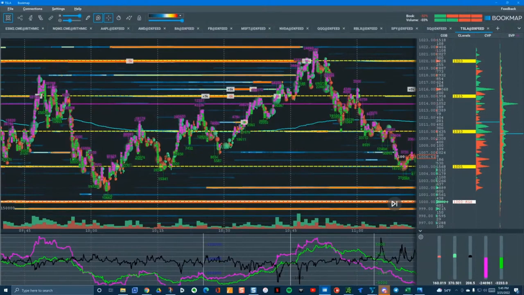Like I showed in Microsoft earlier, and I'll post my marked up screenshot later, often there are sweeps and absorption going on at liquidity or round number levels that precede a reversal.